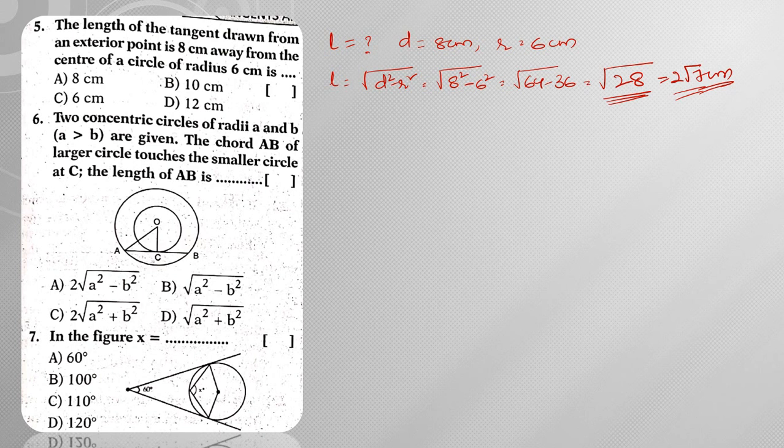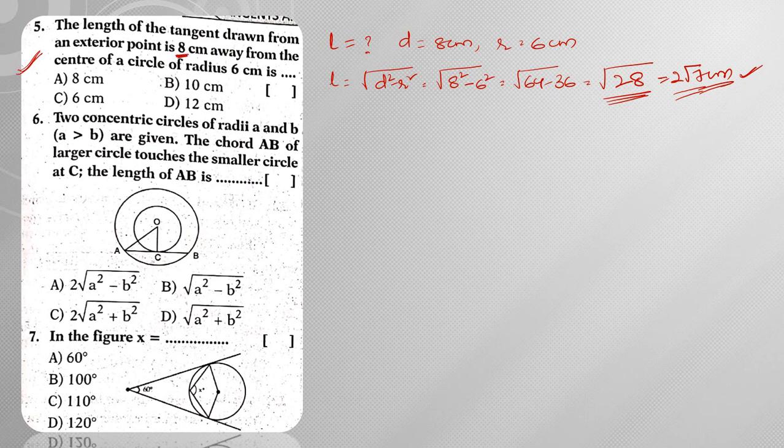Now here, based on the options, this question is not what he is wanting, right? Based on whatever information he has given, we are going to get this answer. So amongst these options, if you want to get the answer, then you need to change some things. So the length of the tangent is 8 centimeters.